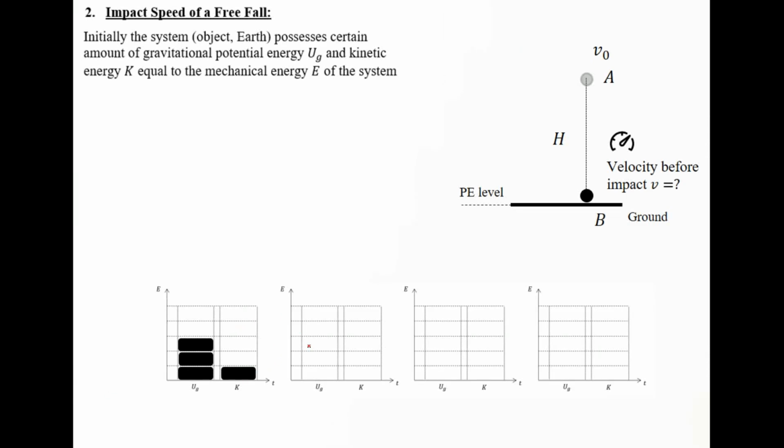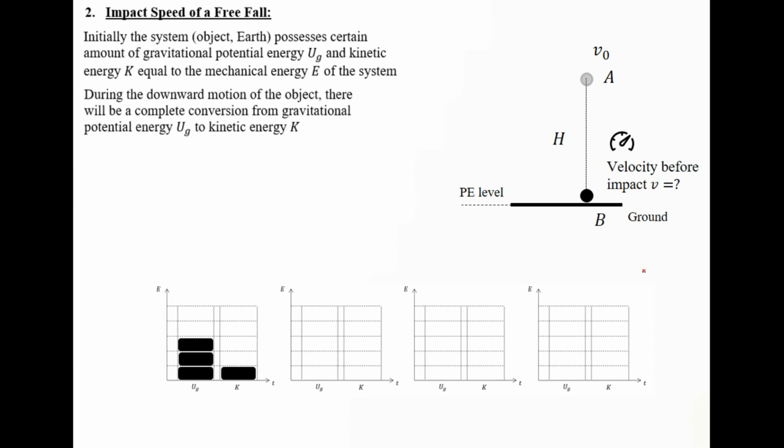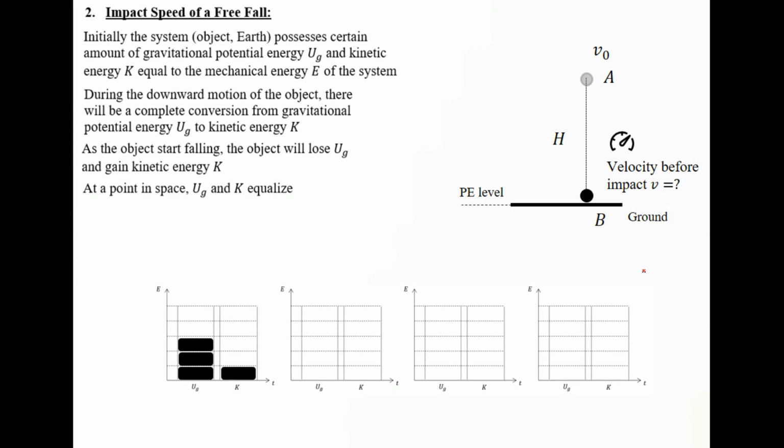We're interested in how the energy will be converted through different states. During the downward motion, the object will lose gravitational potential energy, and this loss will be completely converted to kinetic energy. As the object starts falling, as we said, UG will be lost and K will be gained. At a point in space, UG and K will equalize.